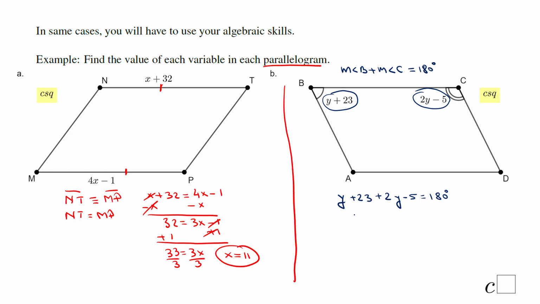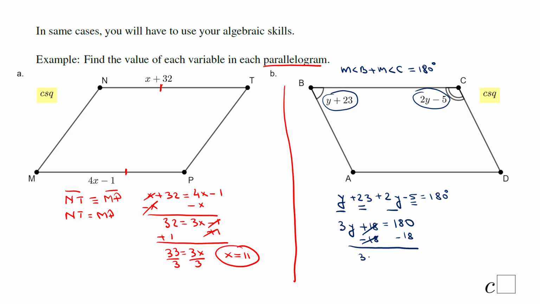So in this equation, we have to combine the two y's, 1y plus 2y, 3y's, positive 23 minus 5, that is positive 18 equals 180. I'm going to subtract 18 now to get rid of this plus 18.